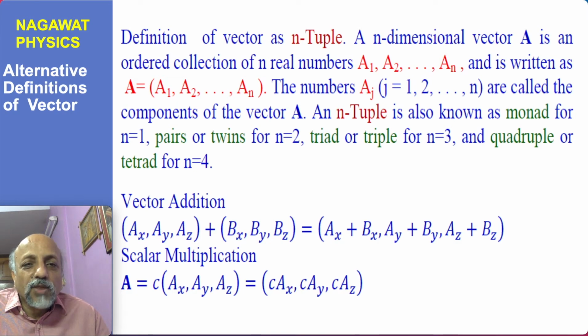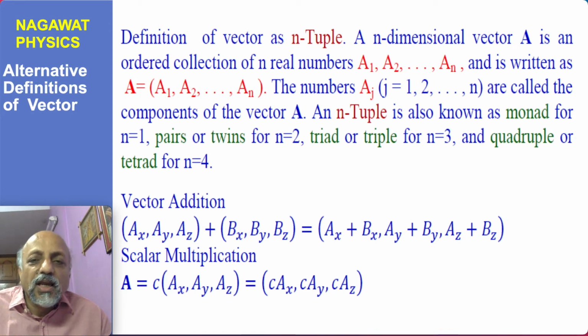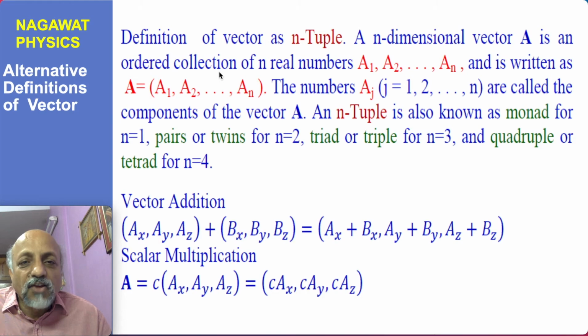However, we will be using whatever has been discussed so far, and this is just for understanding, because in some books you may find the treatment in these terms. The definition of a vector can be given as an n-tuple. An n-tuple means an n-dimensional vector A is an ordered collection of n real numbers a1, a2, and so on up to an. So a 3-dimensional vector A is an ordered collection of three numbers a1, a2, a3.